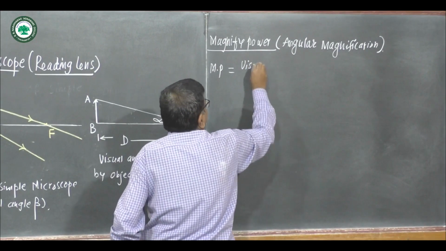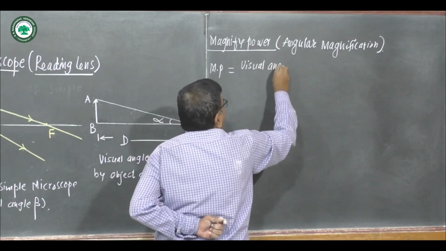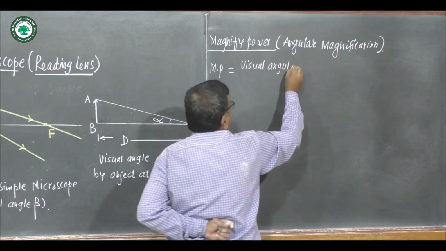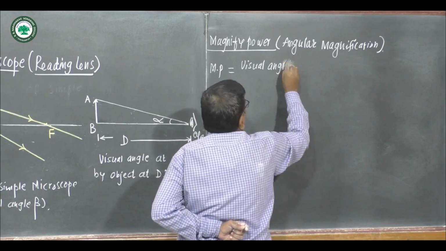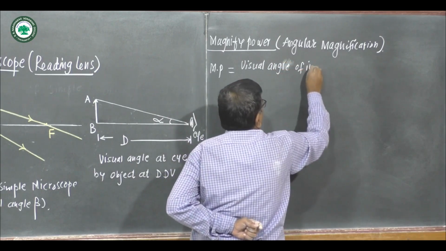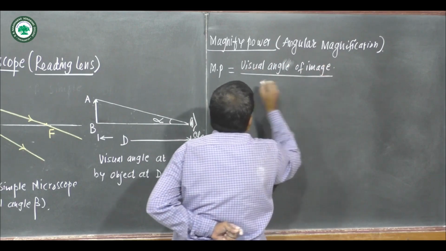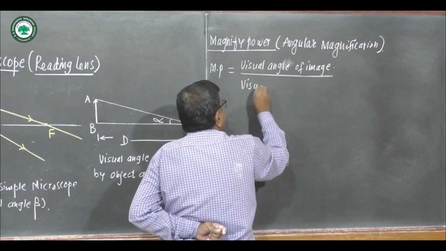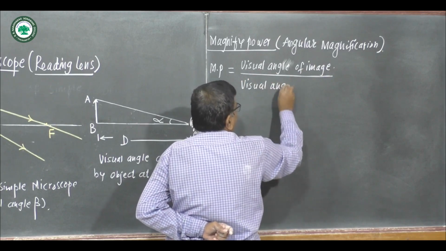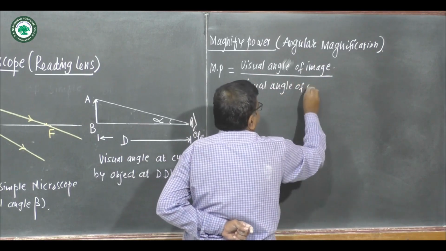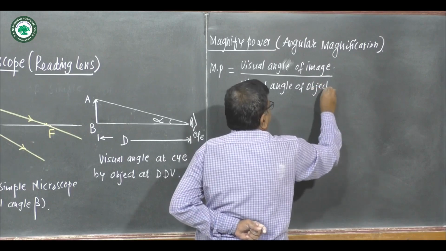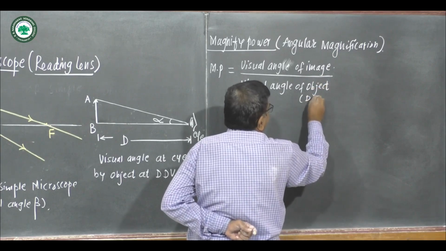the ratio of these two quantities, the visual angle of the image at I to the visual angle of the object at I if the object is at DDV.